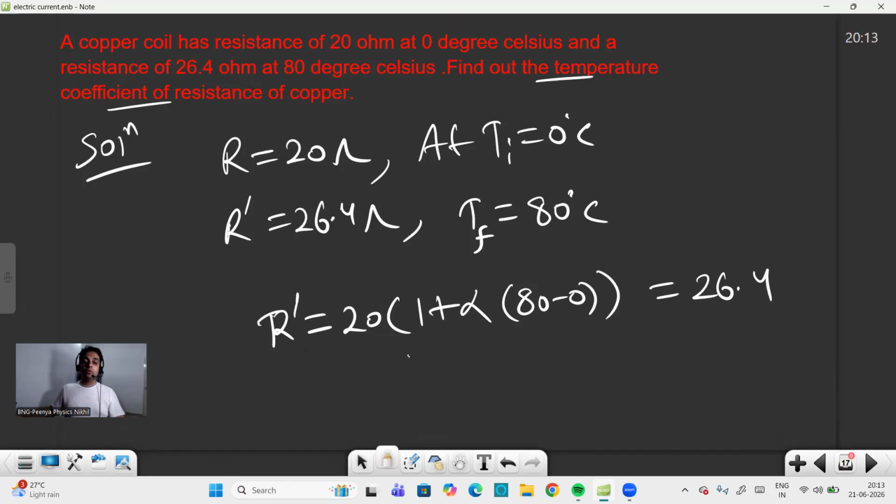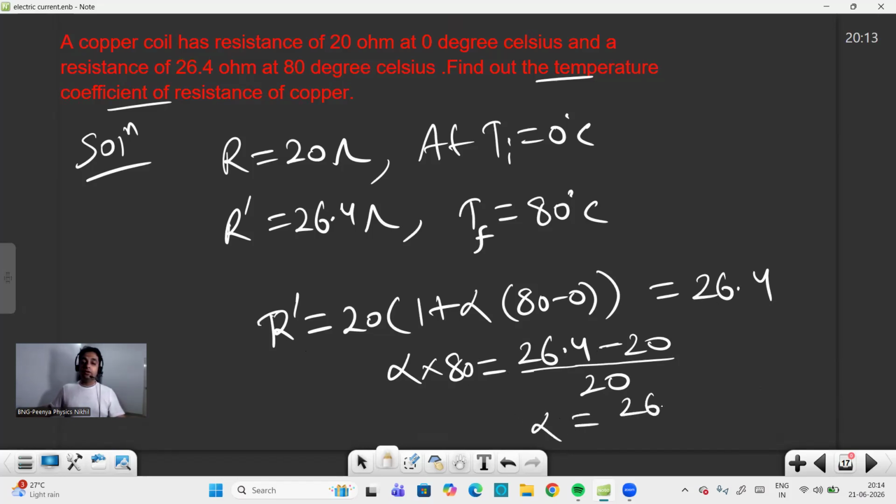So 20 alpha into 80 equals 26.4 minus 20, so alpha equals 26.4 minus 20, which is 6.4, divided by 20 into 80 per degree Celsius. If you divide, we will get the answer.